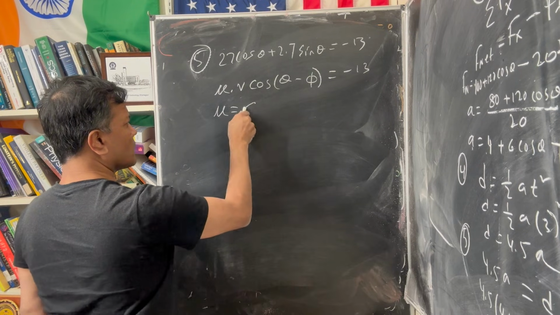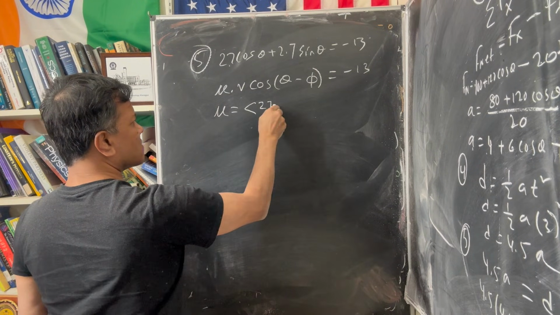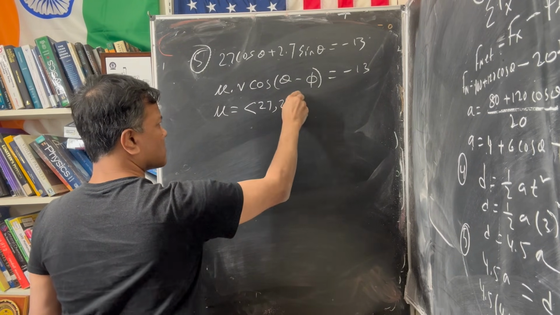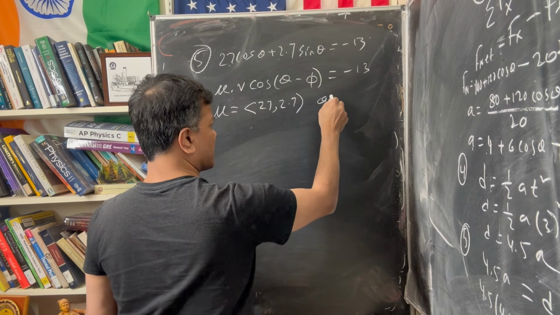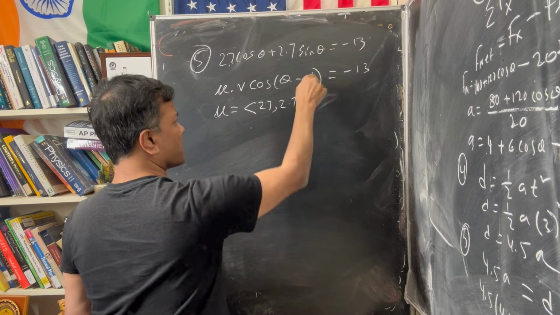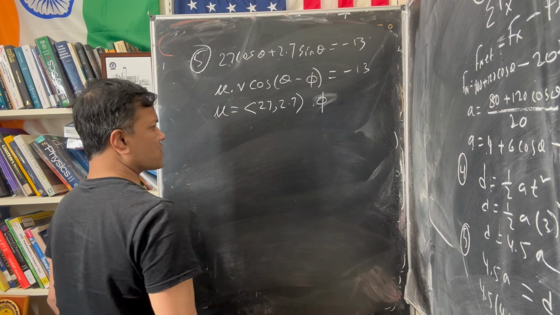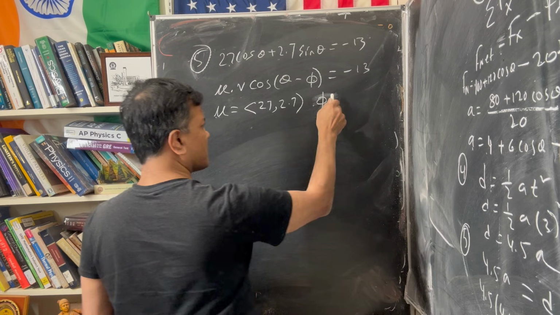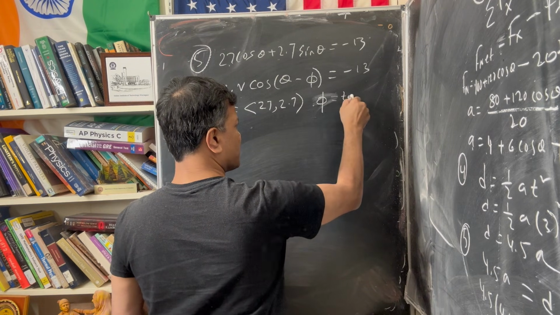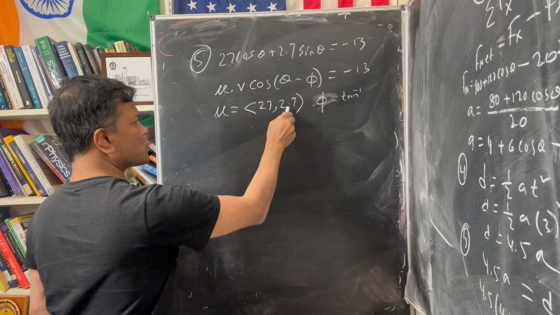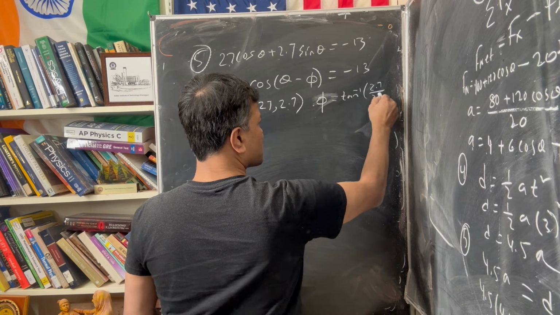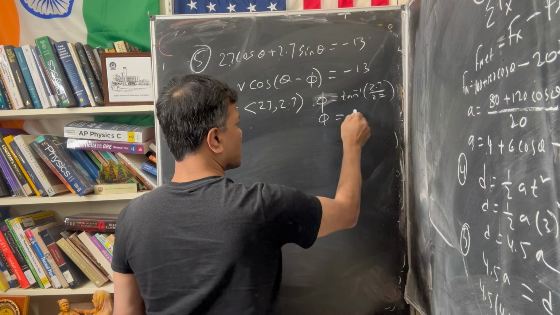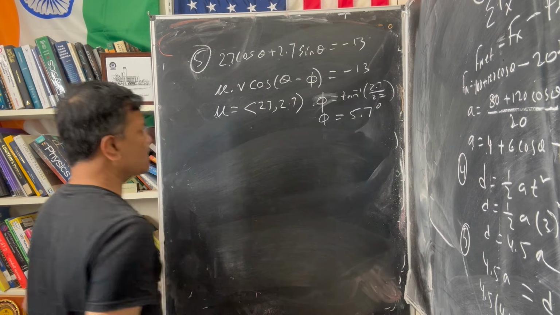U is 27 comma 2.7. So the angle for this one, we're going to call it P, because we have two angles going on over here. P is tangent inverse 2.7 divided by 27. So P is 5.7 degrees.